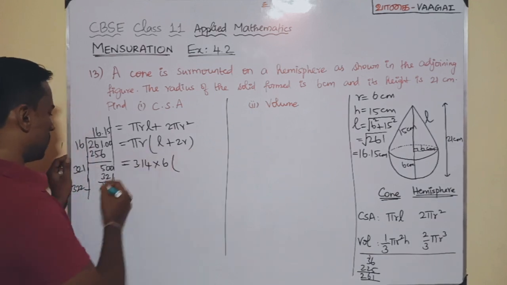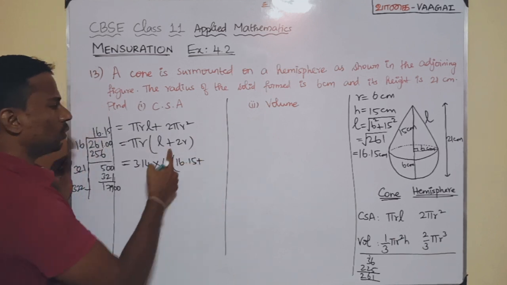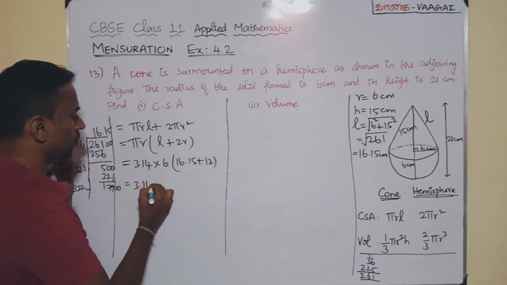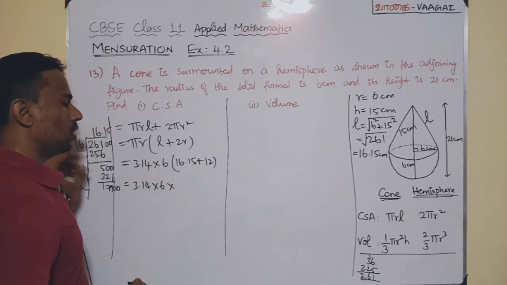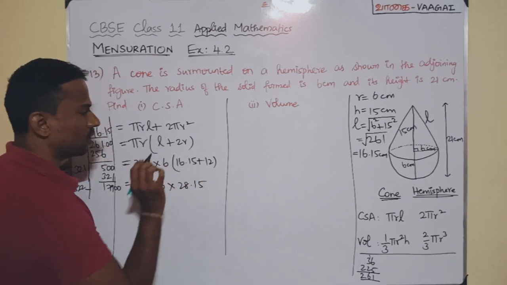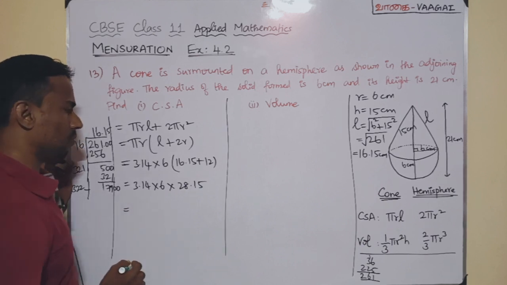L plus 2r means L is already 16.15 plus 2r will be 2 6 are 12. Okay, yes. So 3.14 into 6 into, now what about this expression? This will be 16 plus 12, 28.15. Okay, yes. So now when I complete this will give me answer.